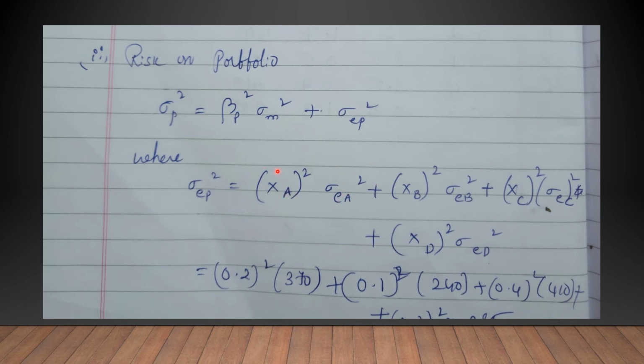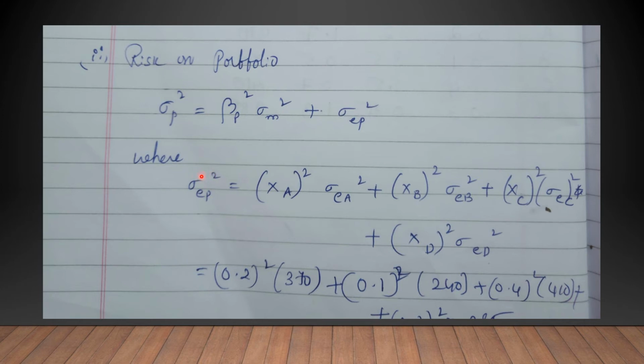In the previous slides I have given the formula of risk on portfolio. If you look into the formula, it is standard deviation p square or i square. If it is individual, then we go for i. If you want to find out the portfolio, that is a group of stocks, then we place it as P, sigma p square. So this is nothing but variance.